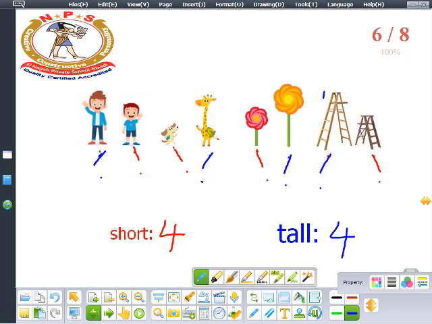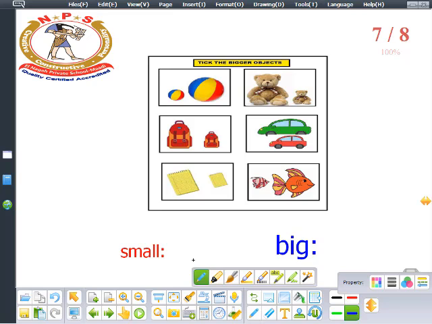Let's remember together the small and big things. We know that when a thing is small, it's like that, small. And like this fish, small. But when it's big, it's like that ball and that fish.